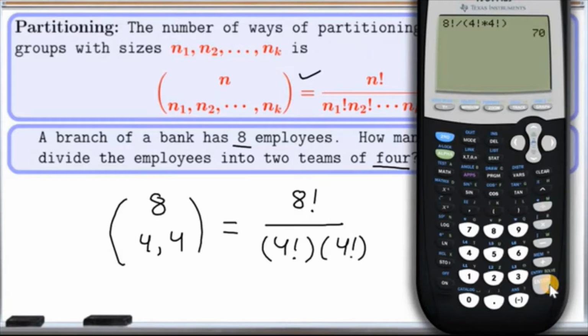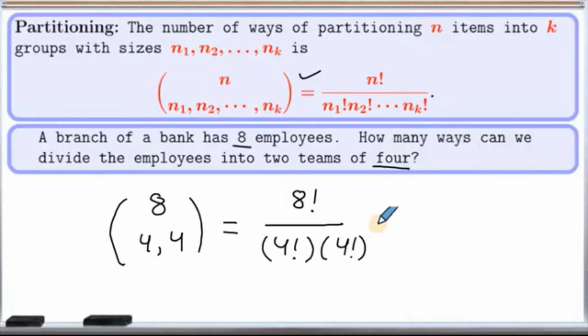So 8 factorial over 4 factorial times 4 factorial is 70. What this tells us is we can divide 8 employees into 2 teams of 4 in 70 different ways.